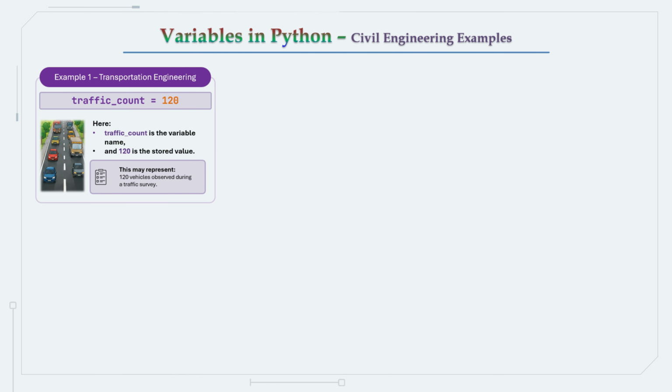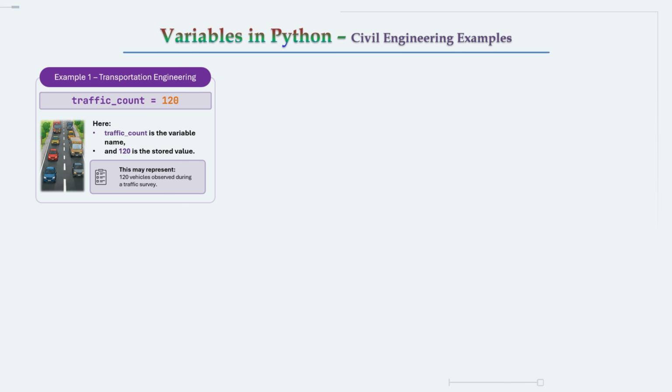Suppose we conducted a traffic survey, and during this survey we counted 120 vehicles. Now refer to the line of code traffic_count = 120. Here on the left hand side, traffic_count is your variable and 120 is the stored value.